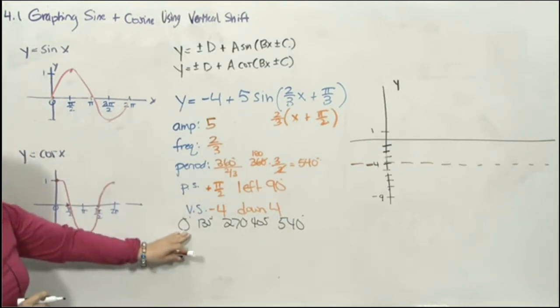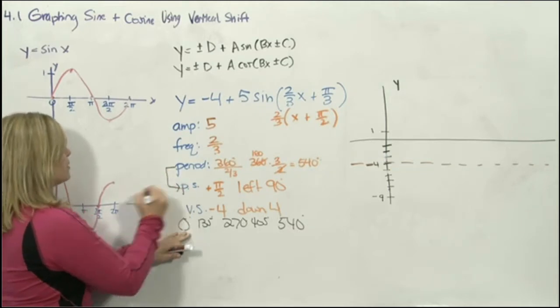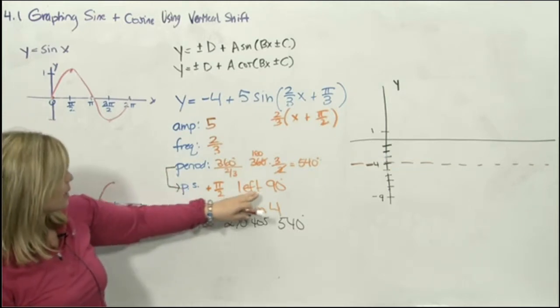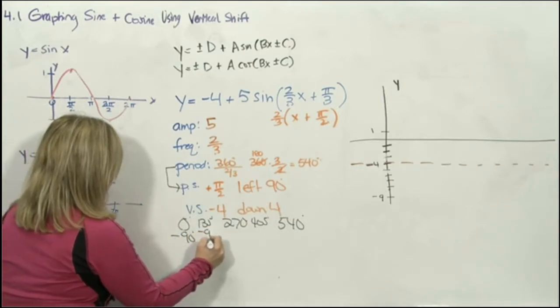But am I starting at 0 degrees? No. Remember, the period gets affected by the phase shift. I say I'm shifting everything back 90. If I'm going back, I got to subtract 90 from all these guys.